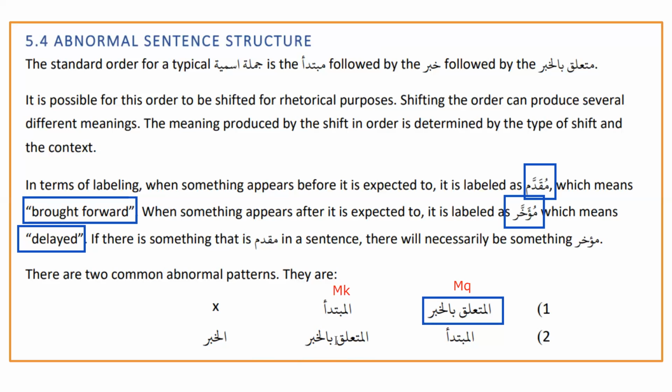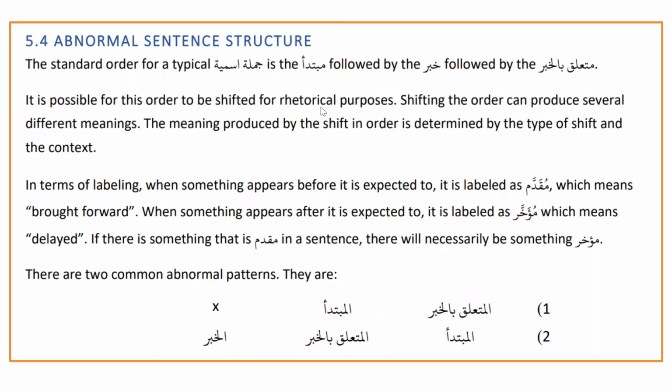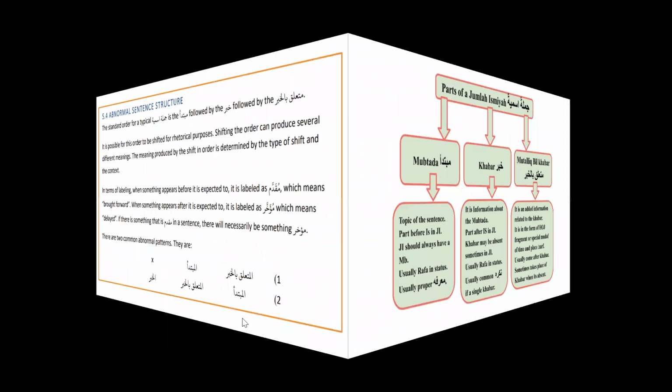But here mutaliq bil khabar is muqaddam and khabar is muakhar. Hold on, let me take the marker. Yeah, muakhar. Okay, so let me clear this and we discuss these abnormalities further.